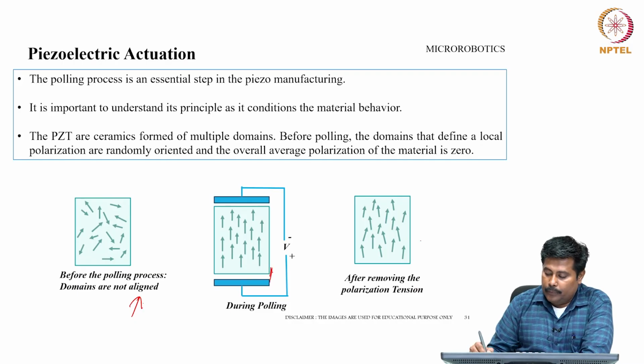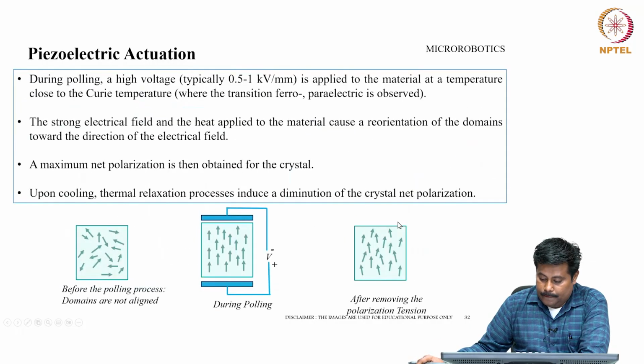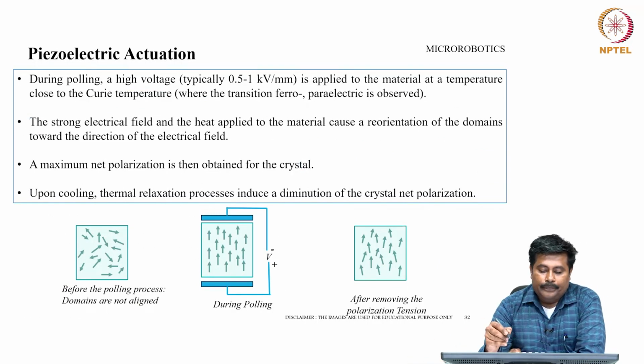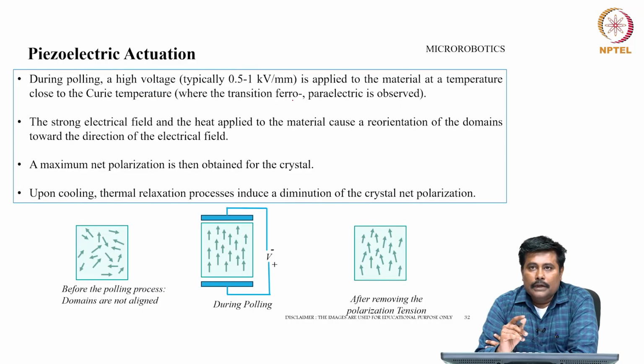After removing the field, the polarization remains, which is helpful for appropriate applications and for tailoring the material with reference to the functional characteristics. During the poling process, a high electric field, typically in the order of 0.1 to 1 kilovolt per mm, is applied to the material at a temperature close to the Curie temperature, where the ferro-paraelectric transition is observed.